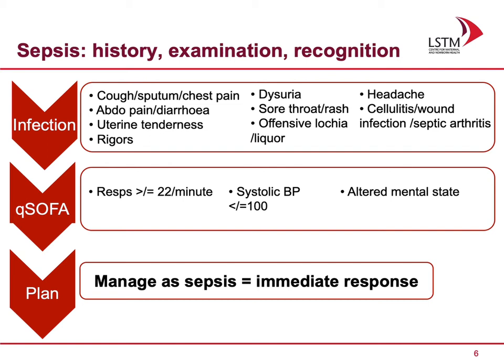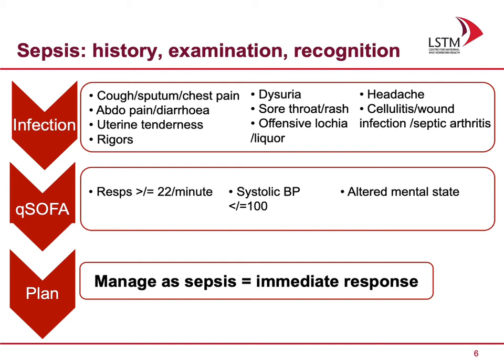A urine tract infection may cause dysuria, or renal pain, loin pain. Could be tonsillitis with a sore throat and a rash. That might be a streptococcal infection. Headaches could be a sign of meningitis, or cellulitis and wound infections, or septic arthritis may all be localized origins of a more generalized infection.